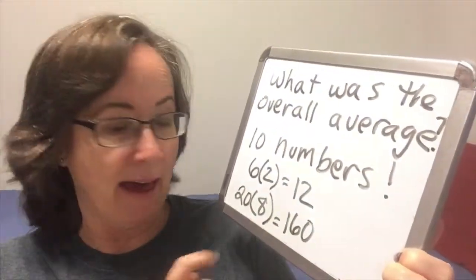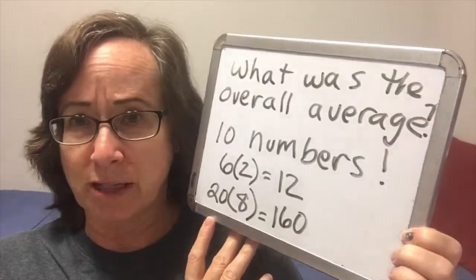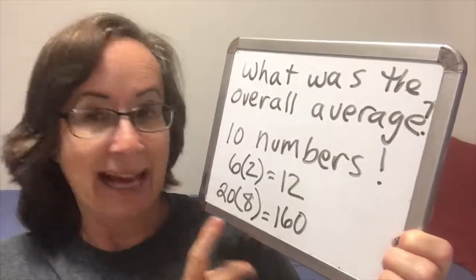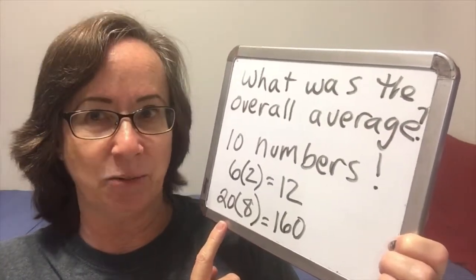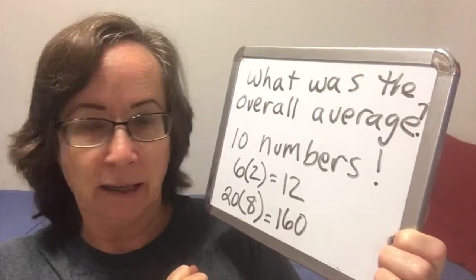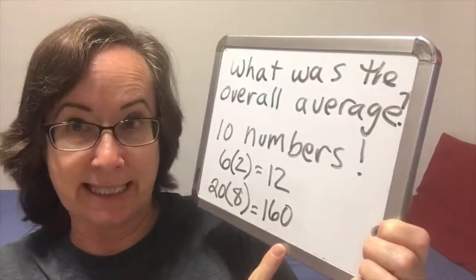And then we have 8 numbers that have an average of 20. And we don't know what those numbers are, but we know that we can count them as 8 20s because 8 20s has the same average, 20, of 8 numbers. So we say 20 times 8, which is 160.